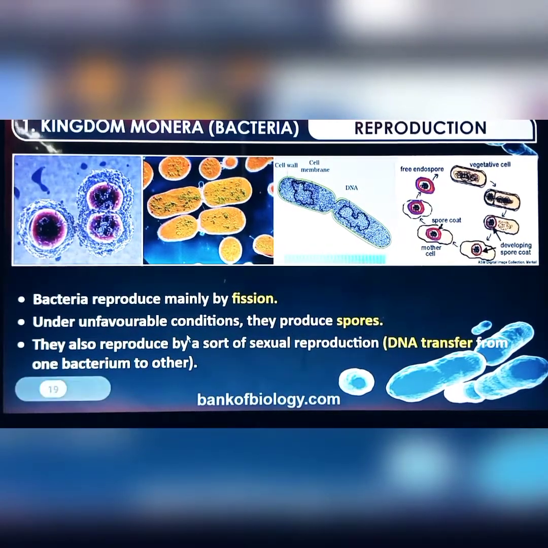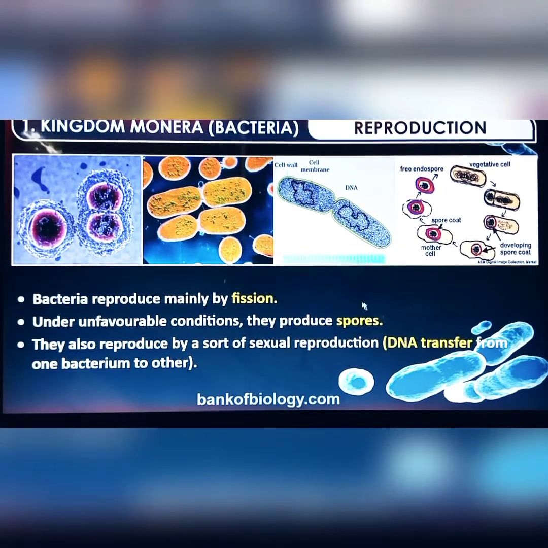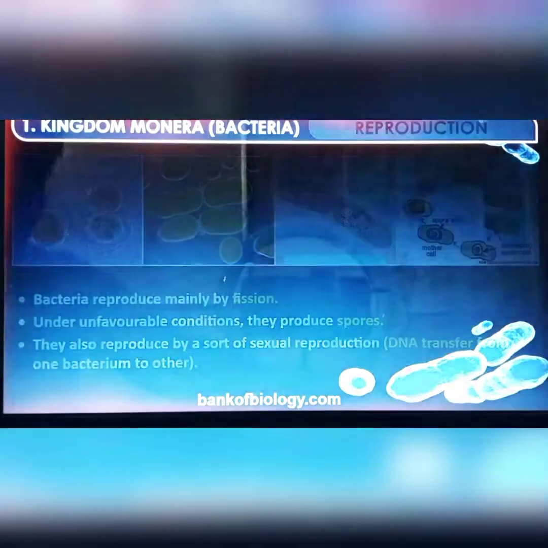They can sustain unfavorable conditions by producing spores, and these spores remain for very long periods. They also reproduce by a sort of sexual reproduction. It means their DNA is transferred from one bacterium to another, with the help of sex pili.